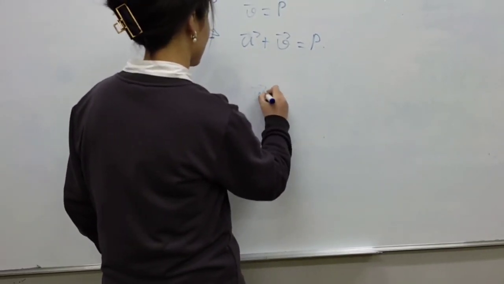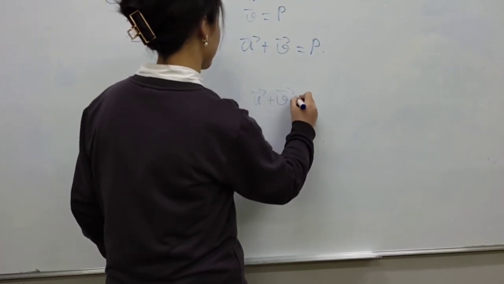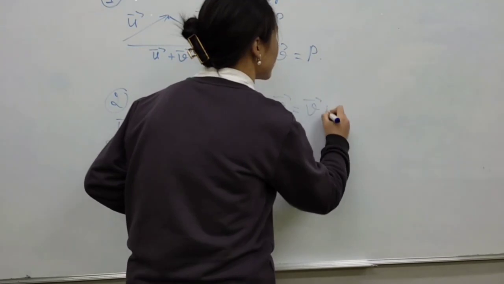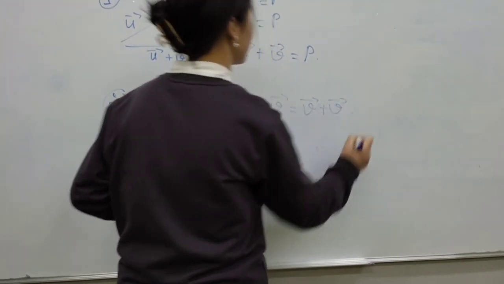Okay, vector U plus vector V is equal to vector V plus vector U.